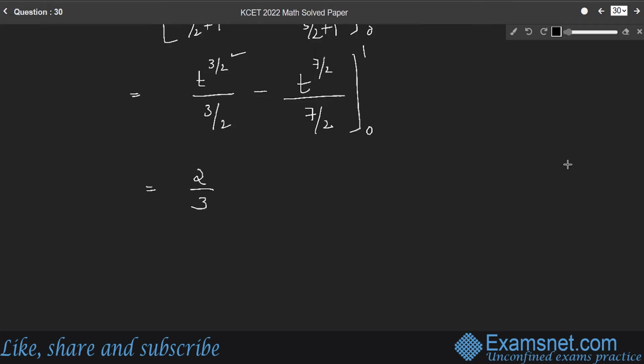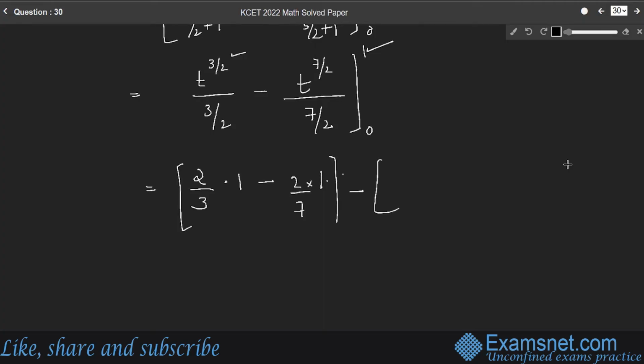Here t is equal to 1, the upper limit, right? So 1 raised to any number is 1 itself. Therefore, 2 by 3 into 1, minus t raised to 7 by 2, again 1 raised to 7 by 2 is 1 itself, into 2 by 7.